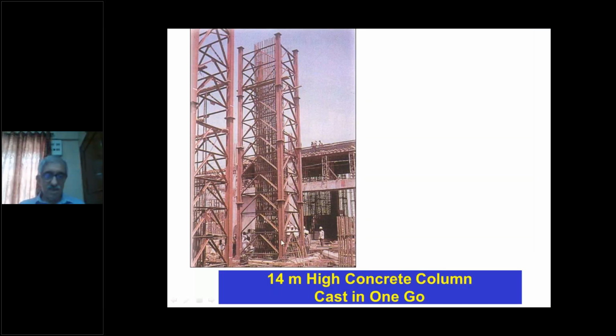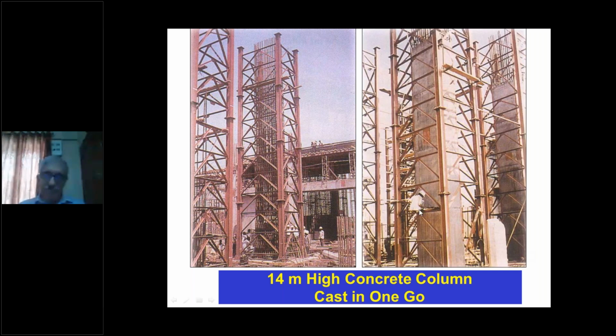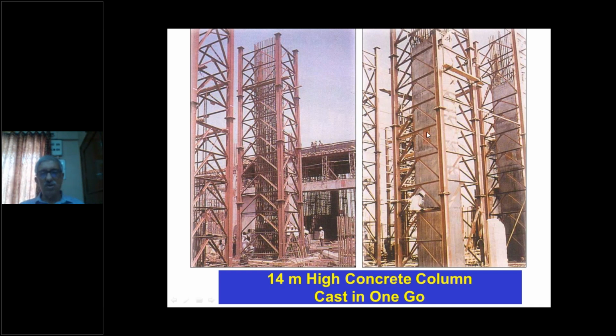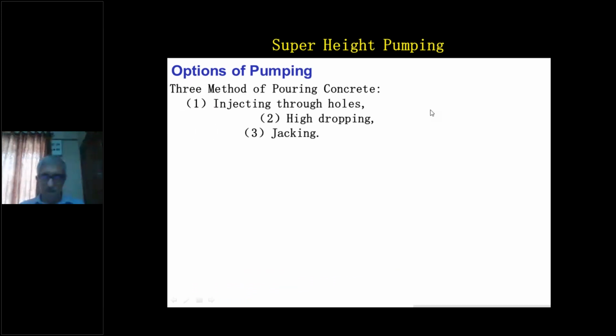We had specifications which said that the concrete should be done for a 14-meter high column in one go for unit number 6. So we planned the reinforcement, we planned the lowering of the placing boom and an elephant trunk which goes right down so that no segregation takes place. And you can see densely reinforced columns, well constructed with good finish.